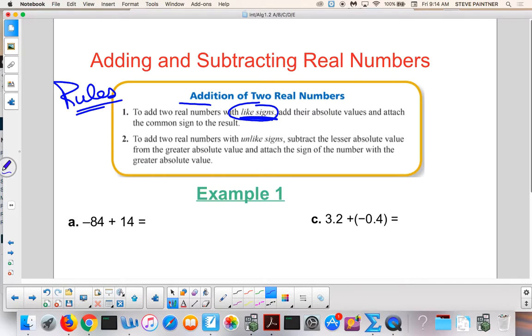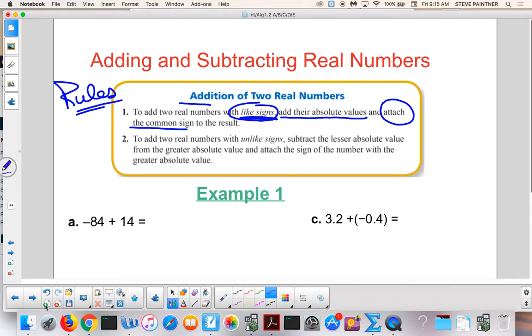Here's the way they explain it, and this is the way I'm going to talk. But honestly, you could probably do this stuff without hearing any of this. This is the rules of adding and subtracting positive and negative numbers. Add the absolute values and attach the common sign. That's what they're telling you to do when you have the same signs.